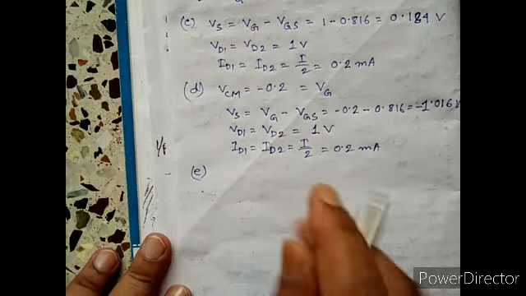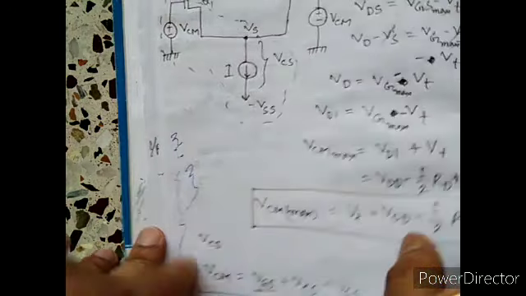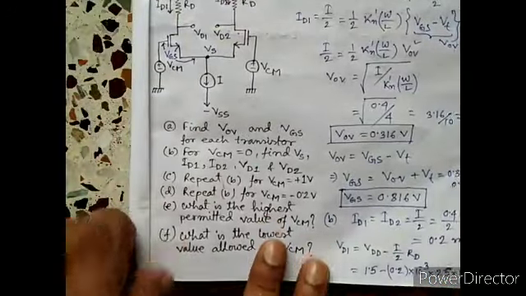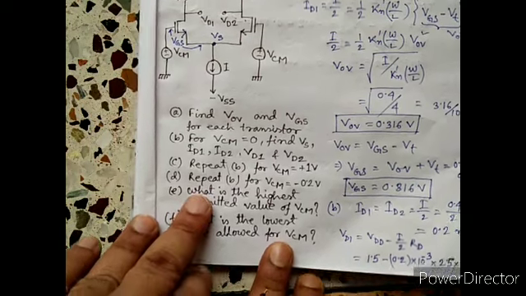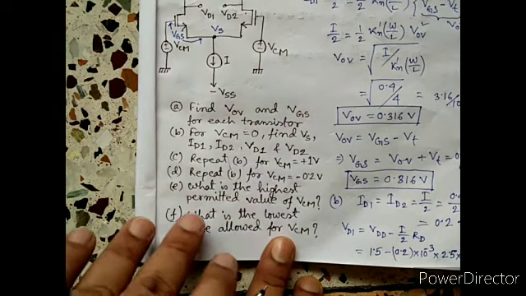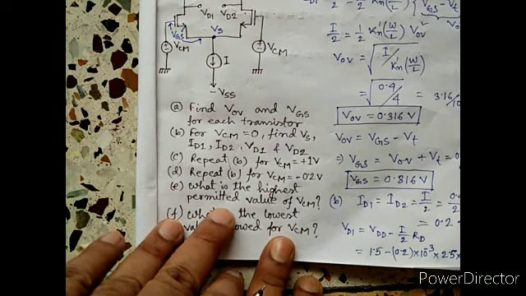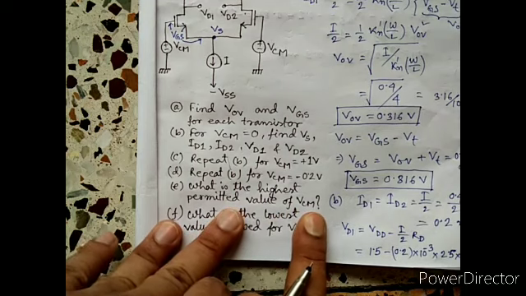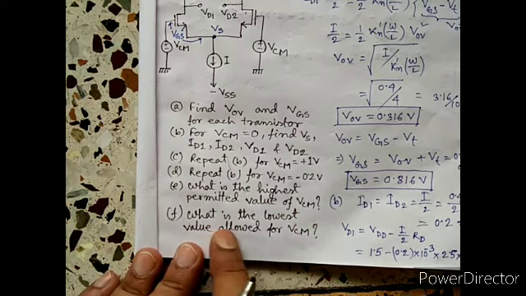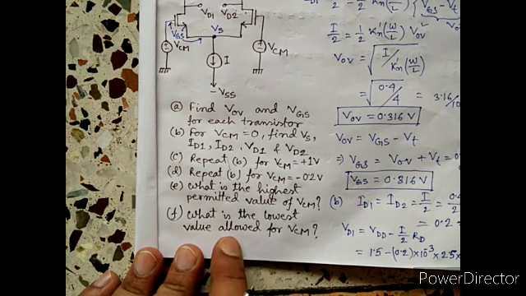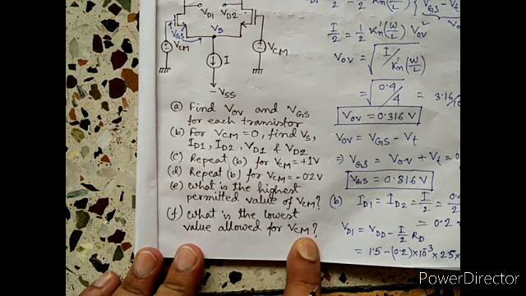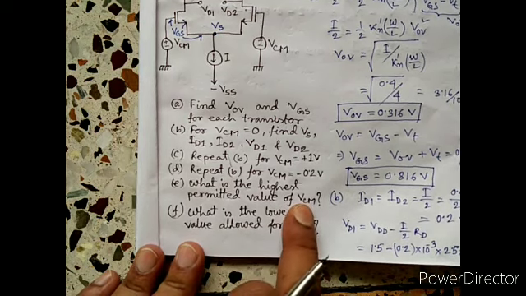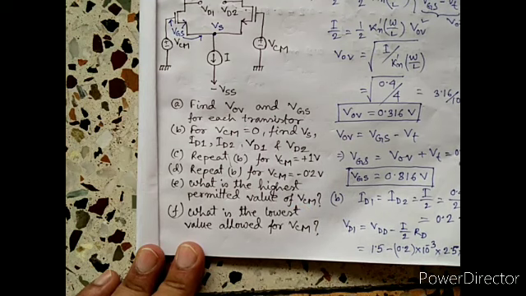Now E. Find out the highest permitted value of VCM, and F, what is the lowest value allowed for VCM. So we have to find VCM max and VCM min.